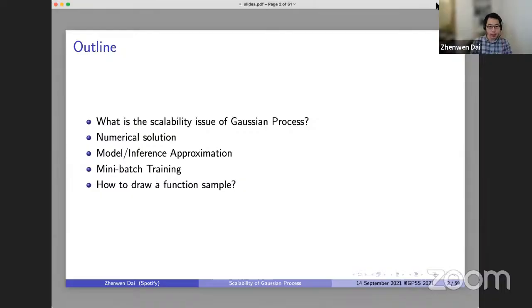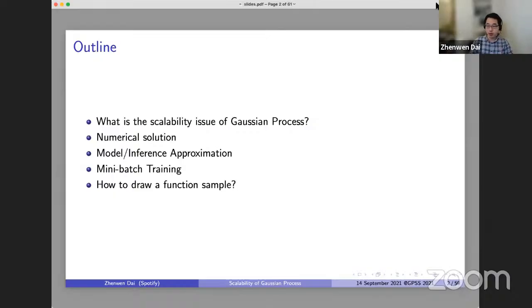Ideally, we will go through some numerical solutions to speed up the calculation directly, and we are also going to look into some model or inference approximations that allow us to further scale up the inference. Lastly, we will talk about how we can do mini-batch training, which allows us to handle inference with a large data set.